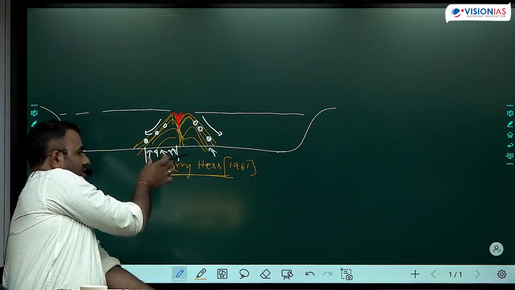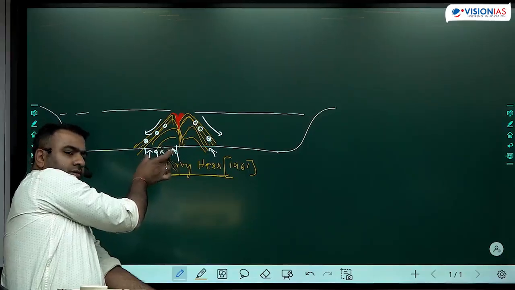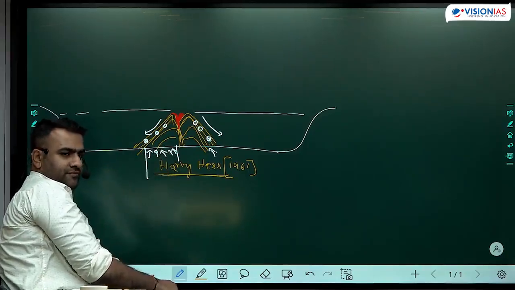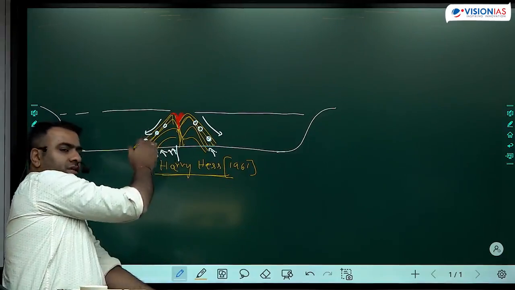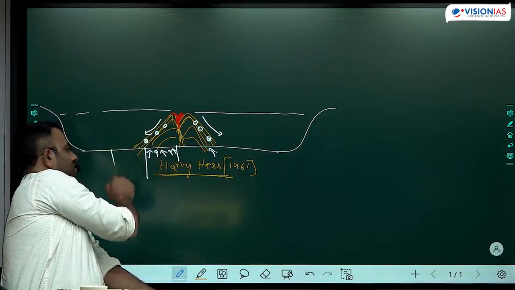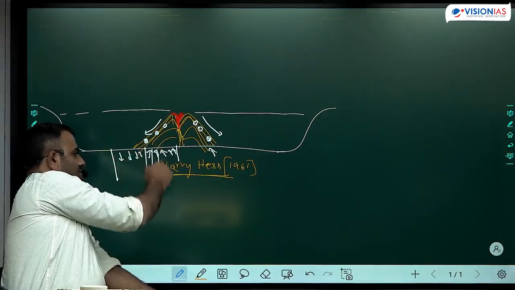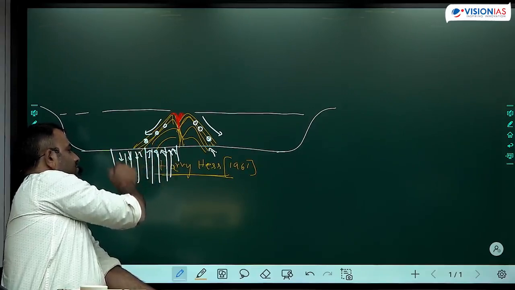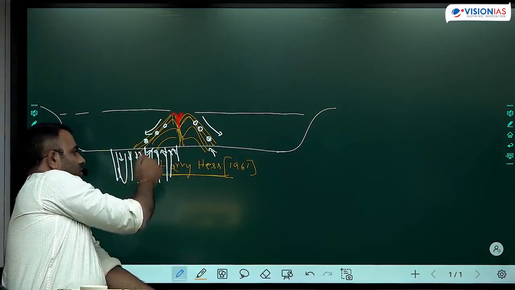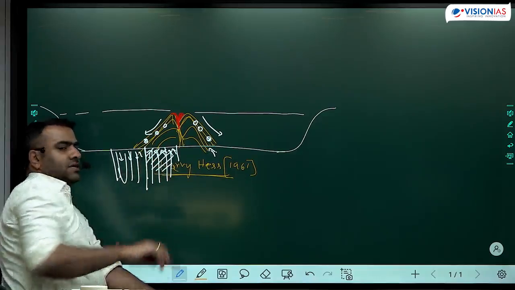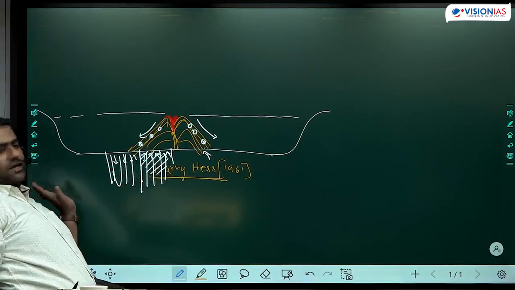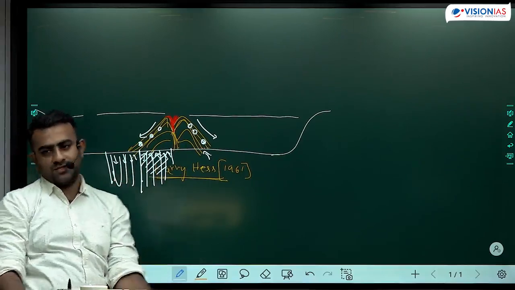Up to a certain distance from the ridge, you will find some type of polarity, where the north pole is pointed in this direction, south pole is pointed in this direction. After some distance you will find opposite polarity. There are certain patches, bands like this. For some it is normal polarity, then it is reverse polarity, again normal polarity, again reverse polarity. You will find continuous patches.